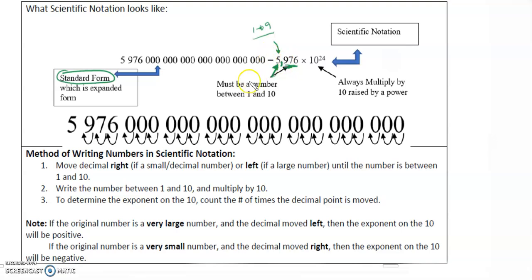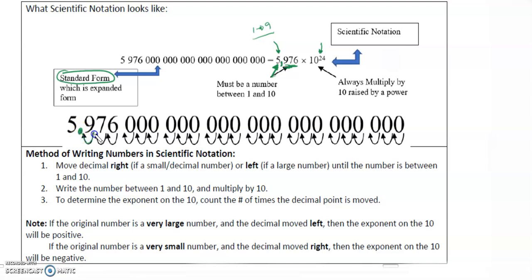What this means is that if we had 5.976, it would have originally been 0.976. What this number 24 tells us is how many times we had to move this decimal.